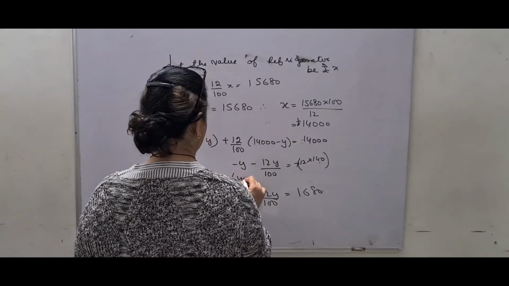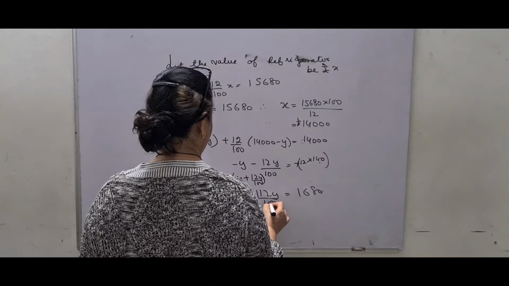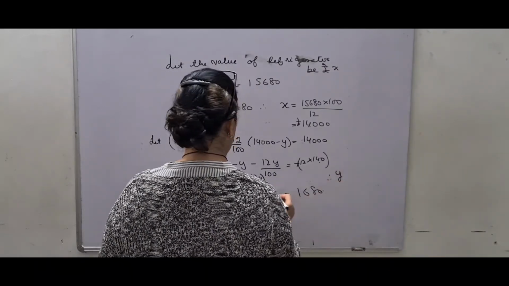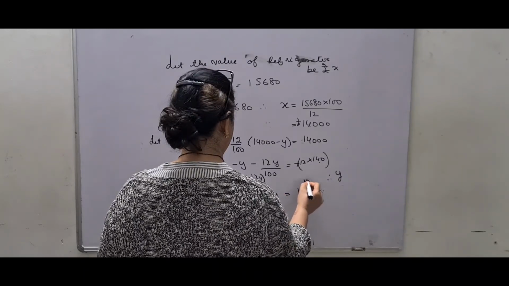You can take common also if you want to. After calculating it, y will be equal to 1680 divided by 112, I think 15.